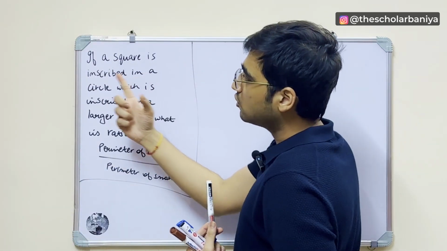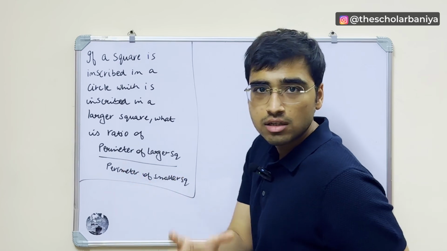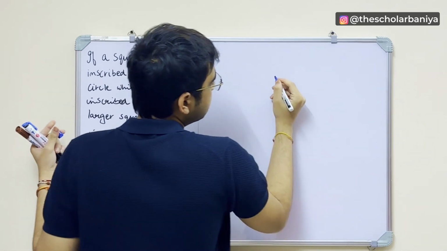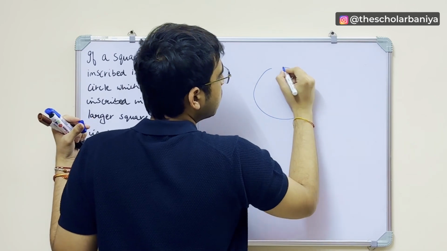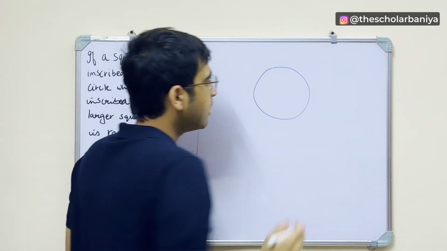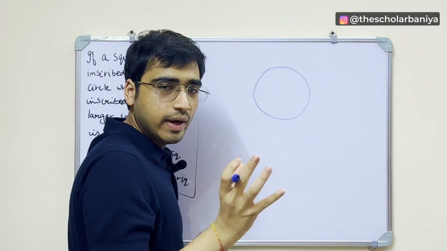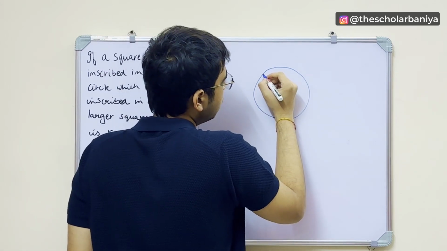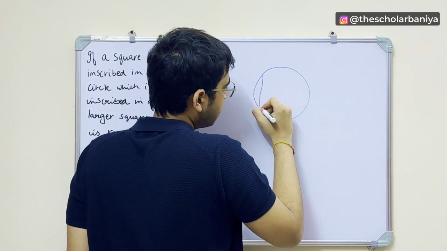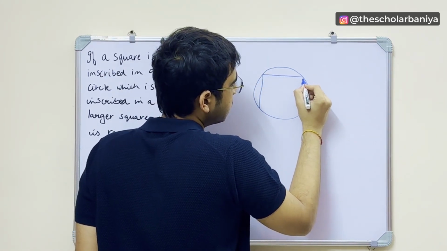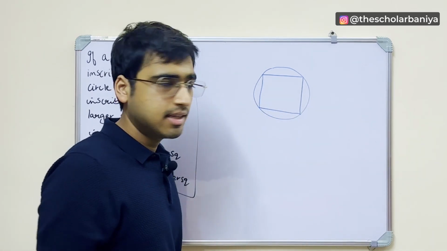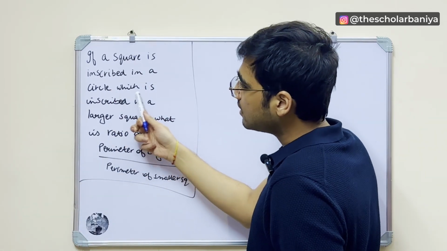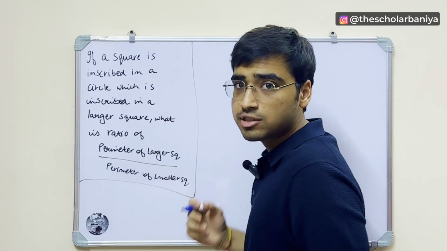So we know there is a square which is inscribed in a circle. So let's suppose this is a circle, and we have to inscribe a square inside this circle. So let's say this is the square. I hope this makes sense. Which is inscribed in a larger square.